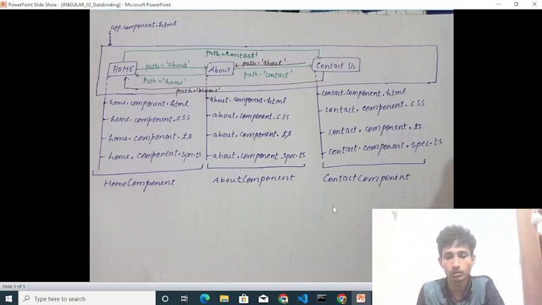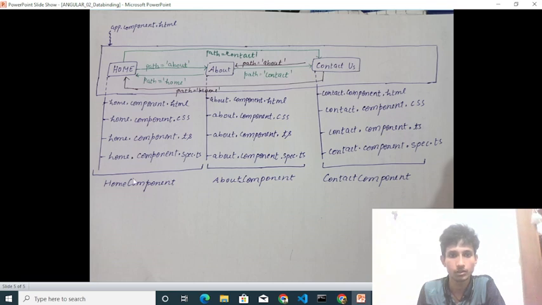Before going to the implementation part, we will understand the theoretical portion that will help to understand the flow of the implementation in your program. First of all, we will create a navigation bar within the app.component.html file, and this navigation bar will consist of home, about, and contact us.